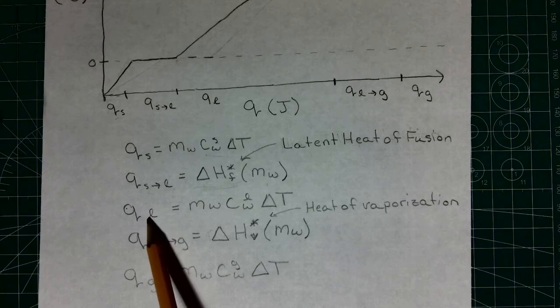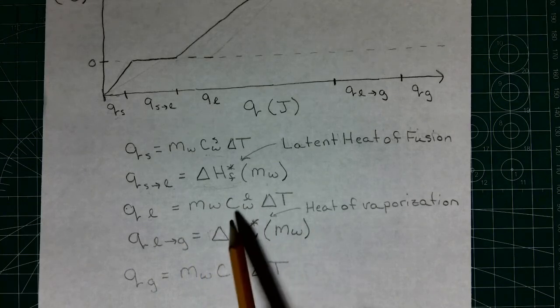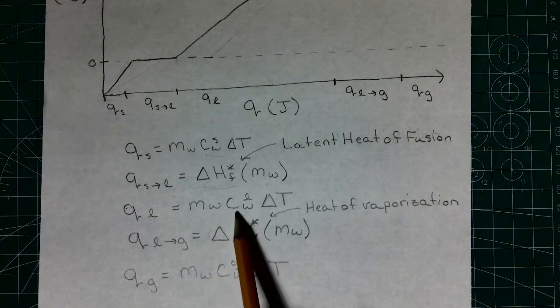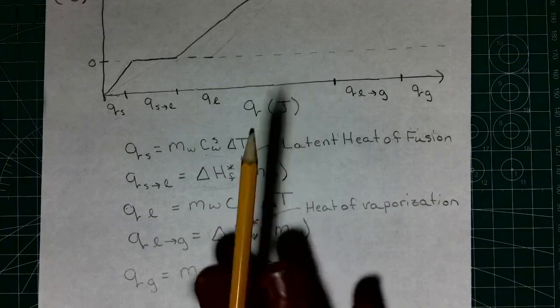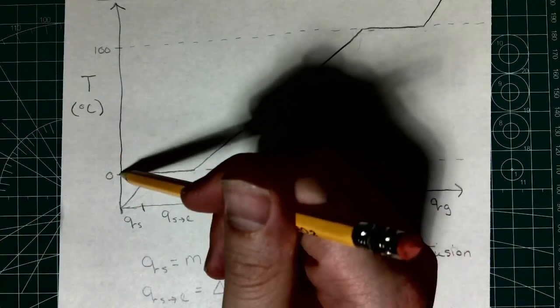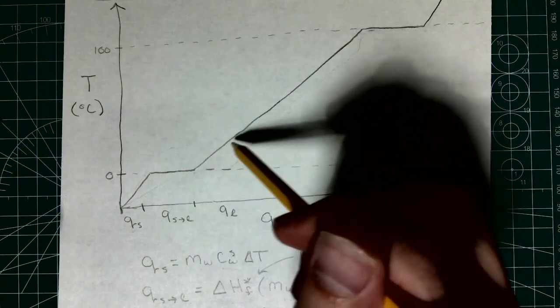Then you have the heat of the liquid, and this is the exact same thing, only this time we're going to use the specific heat capacity of liquid water that we know is that 4.186 number, and then we would multiply it by the temperature difference between 0 degrees and 100 degrees when the liquid water was heating.